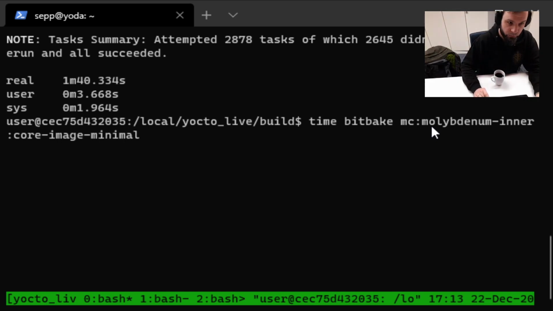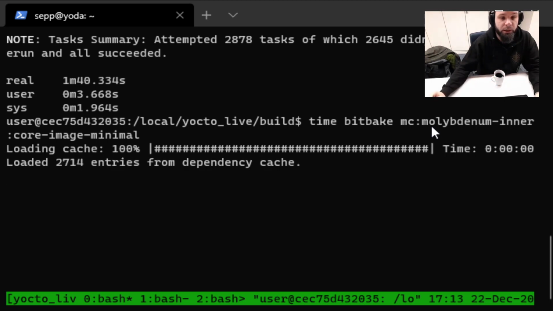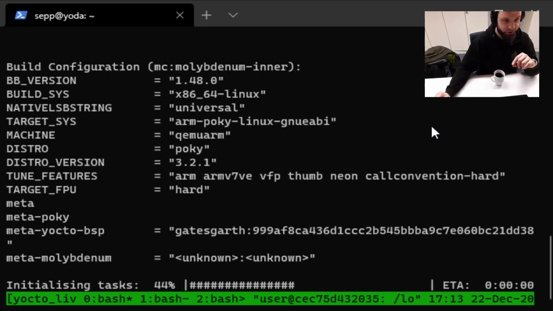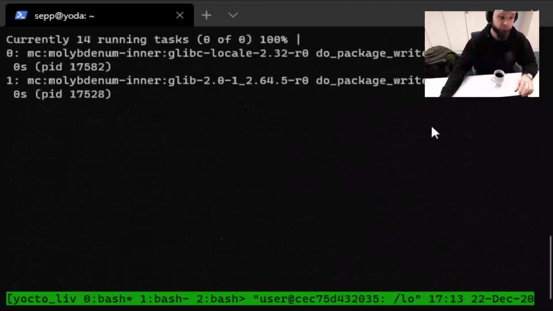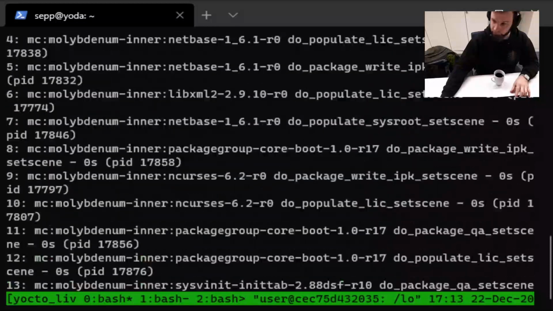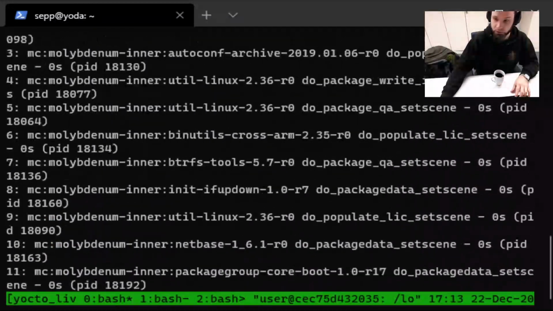And hopefully we run off right now and build the other image. Looks good.